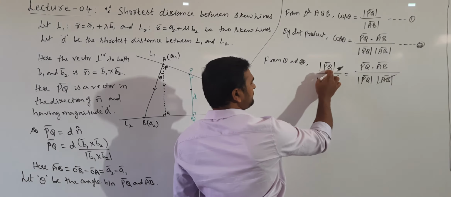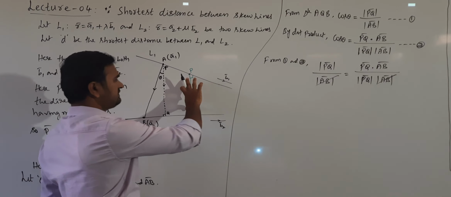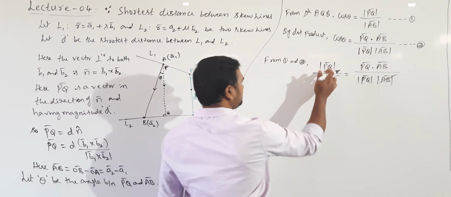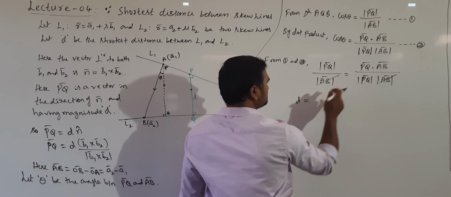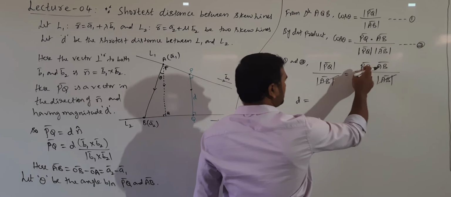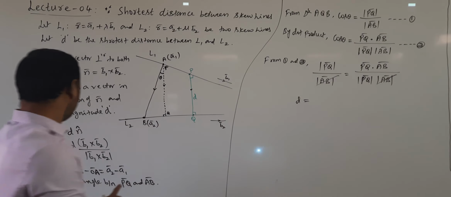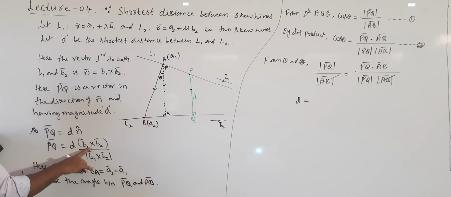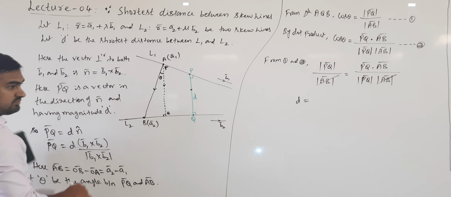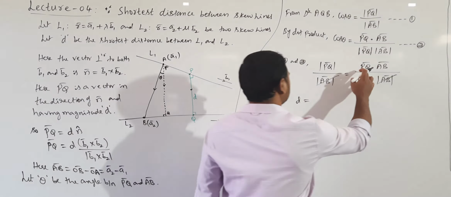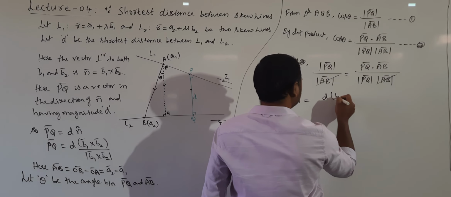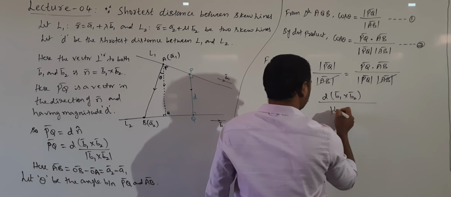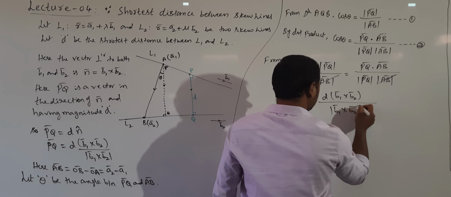What is magnitude of PQ bar? The length of PQ is nothing but the distance d required. So d is equal to PQ dot AB. What is PQ bar? Now we derived the PQ bar vector. It is d into B1 cross B2 divided by magnitude of B1 cross B2.